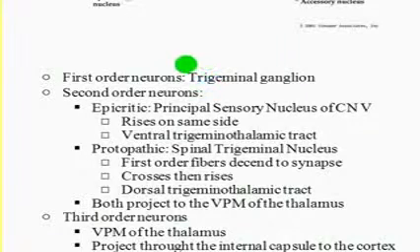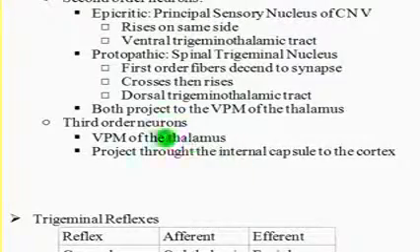The protopathic sensations are going to first descend a bit, and then they synapse and cross to the other side, and then enter the dorsal trigeminothalamic tract. Both are going to project to the VPM of the thalamus. And then the third order neurons are in the VPM of the thalamus, projecting through the internal capsule to the cortex.